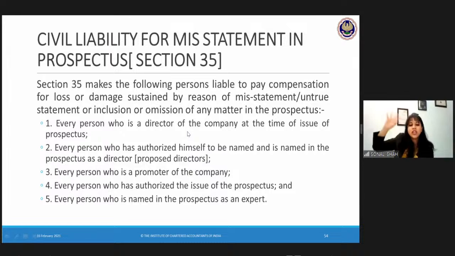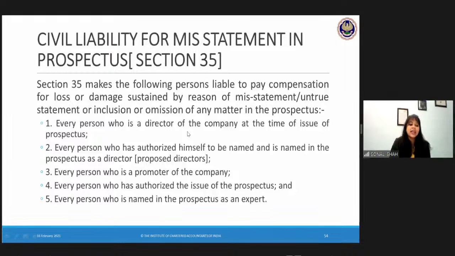If you have purchased the shares from the open market, from a trading market, in that case, you are not able to invoke section 35. So you have to be the subscriber, not just a shareholder. Where the loss is sustained by a subscriber, then he can claim compensation.